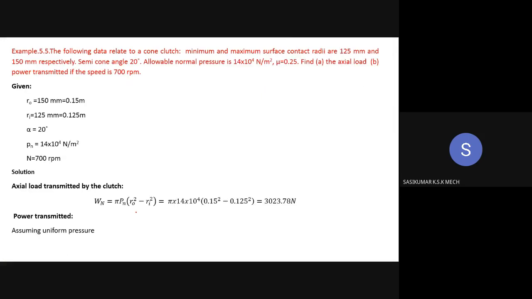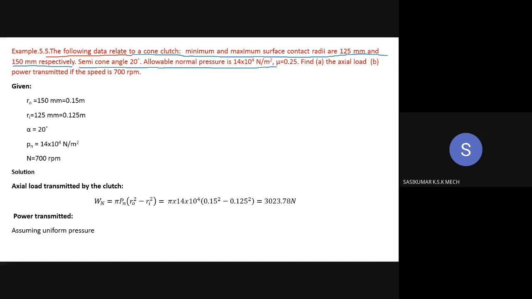Okay, and let us have a problem on the cone clutch. The following data relate to a cone clutch. You have minimum and maximum surface contact radii as 125 mm and 150 mm respectively, and you have semi-cone angle as 20 degrees.